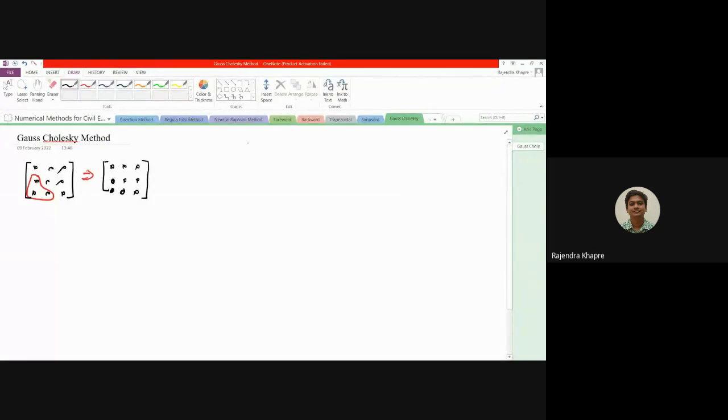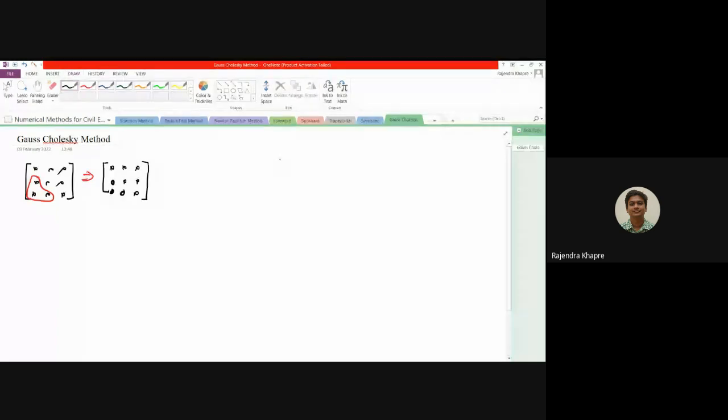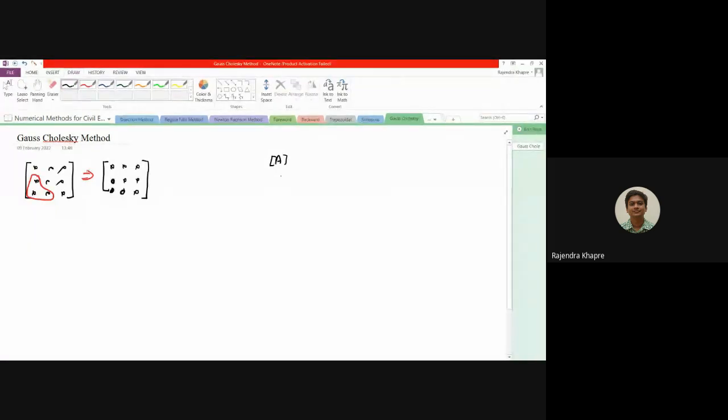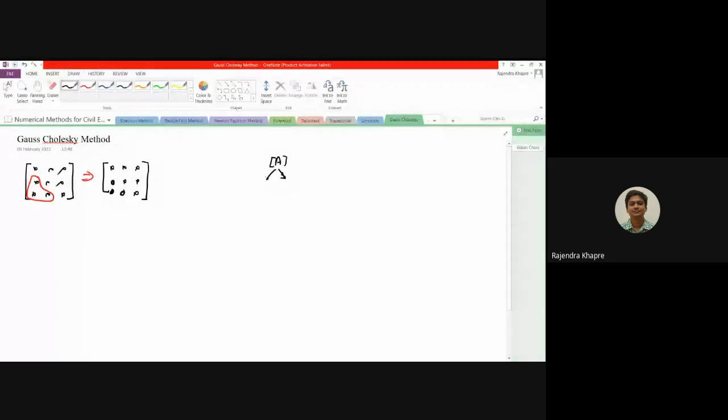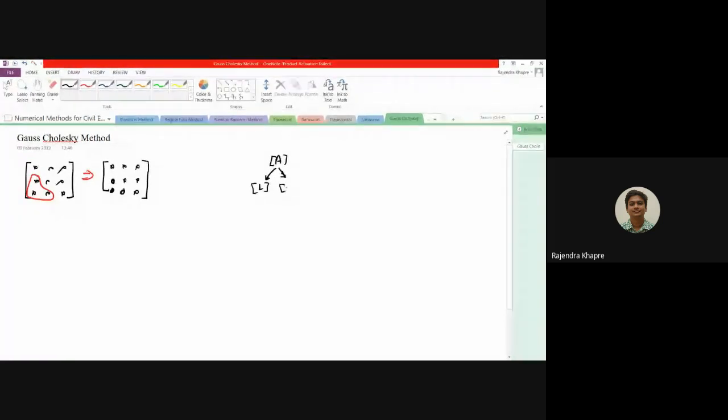As far as the Cholesky method is concerned, we have this A matrix and we are breaking it into a lower triangular matrix and an upper triangular matrix.